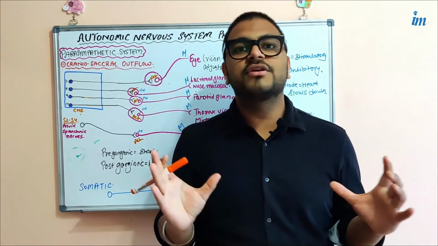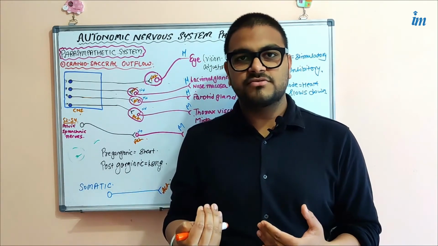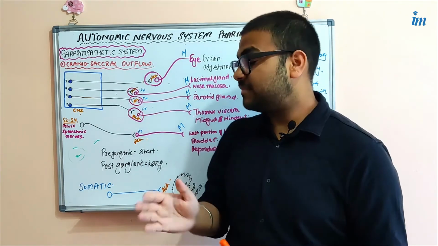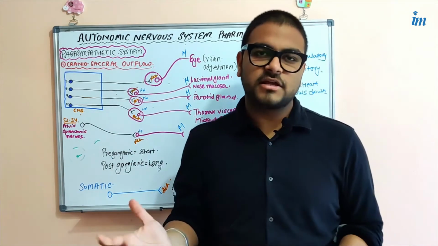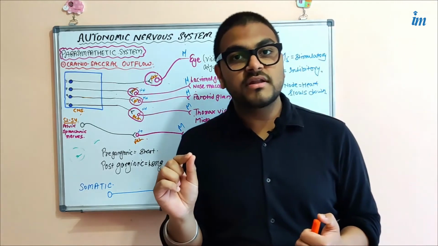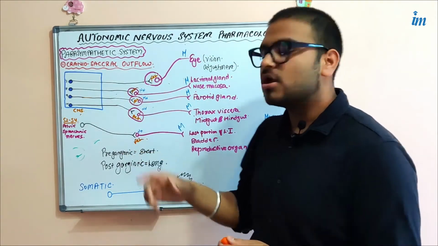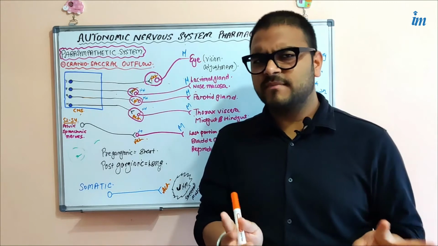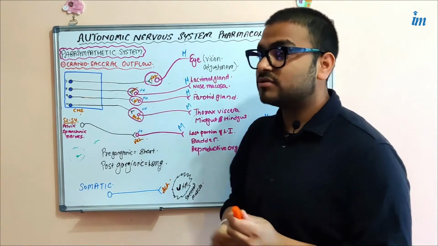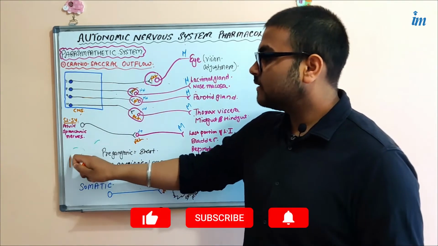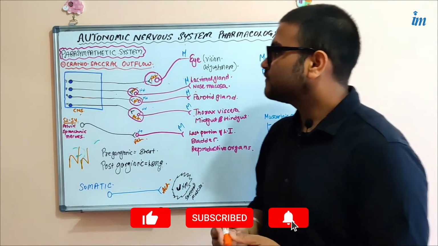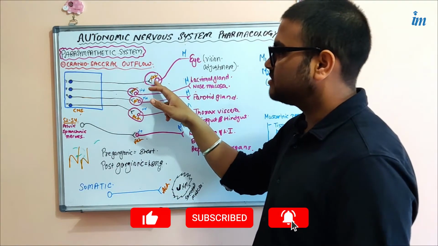All the preganglionic neurons coming out from the central nervous system, whether it is sympathetic preganglionic or the parasympathetic preganglionic, they are going to secrete acetylcholine, and the receptor for the acetylcholine is called as the nicotinic receptor that are present in the ganglion. So we have main two types of nicotinic receptors. The nicotinic receptor that are present in the ganglion, they are called as N type of nicotinic receptors.